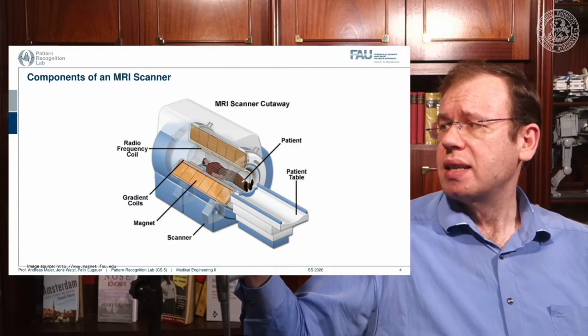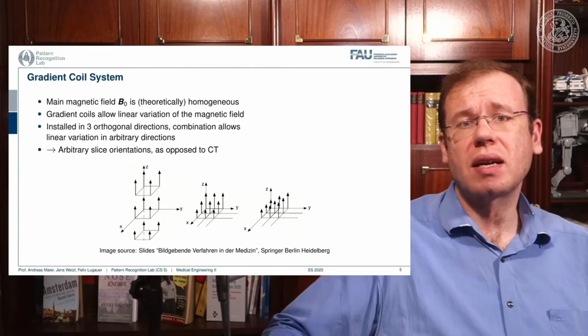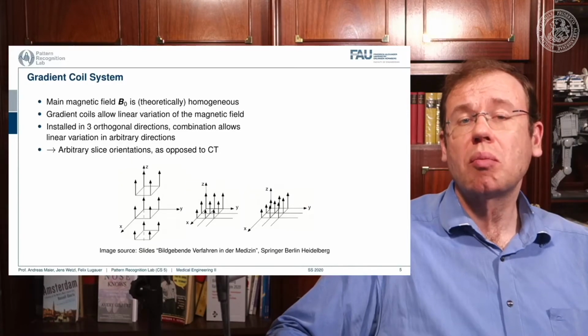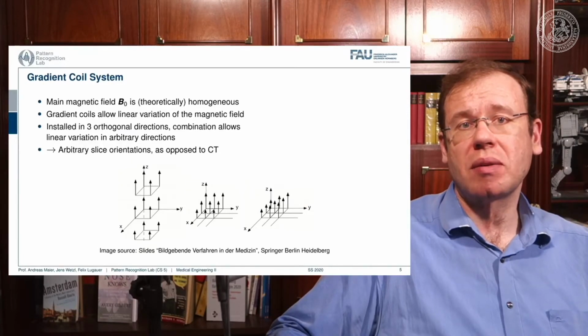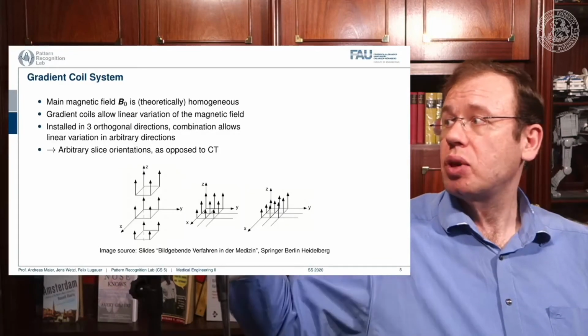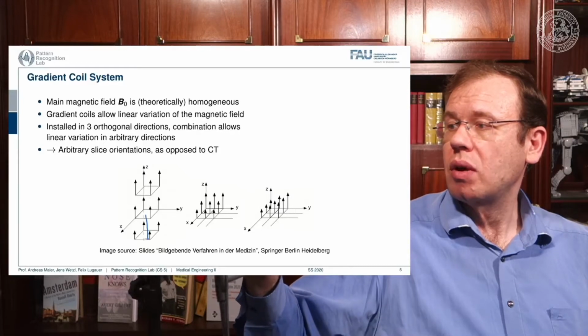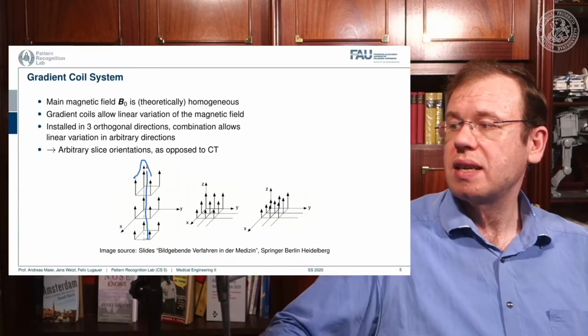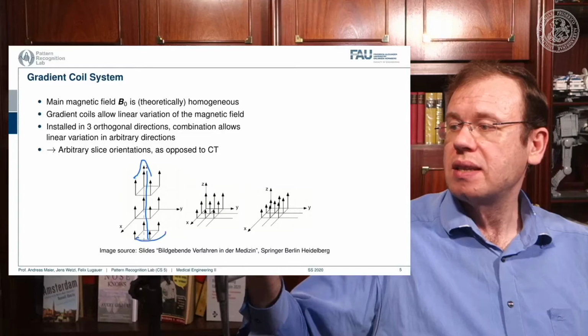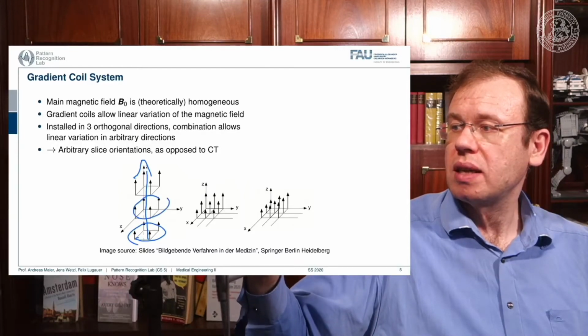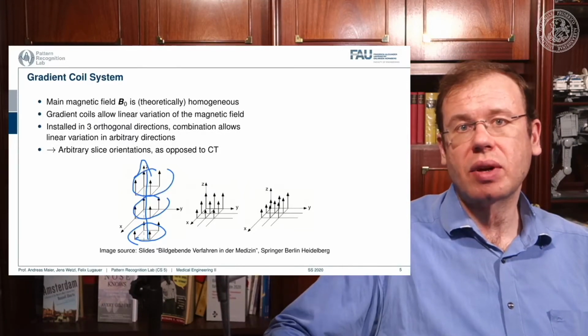The gradient coil system allows us to modify the strength of the magnetic field locally. And there are in principle 3 coils. There is the so-called Z coil that allows us to increase and decrease the magnitude of the field in Z direction.